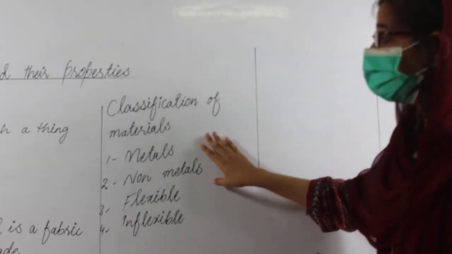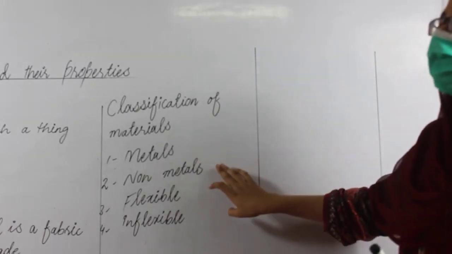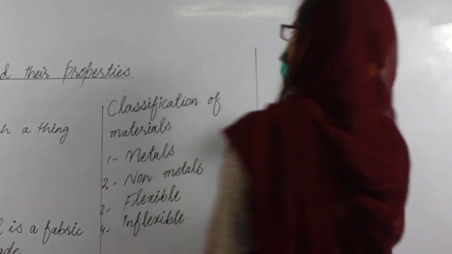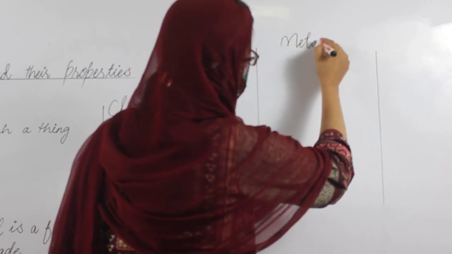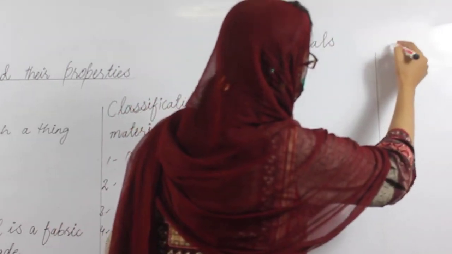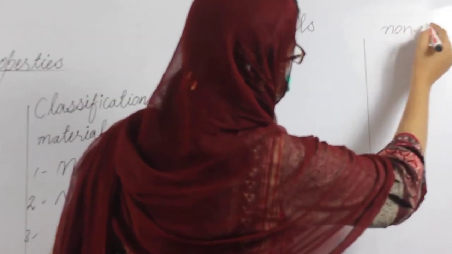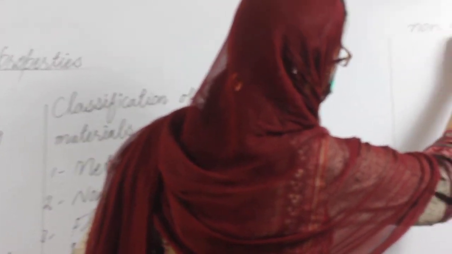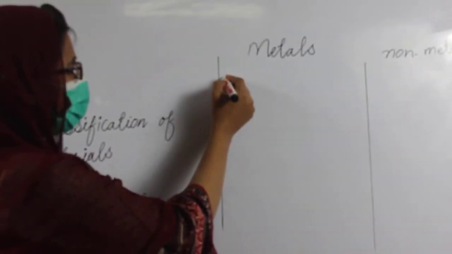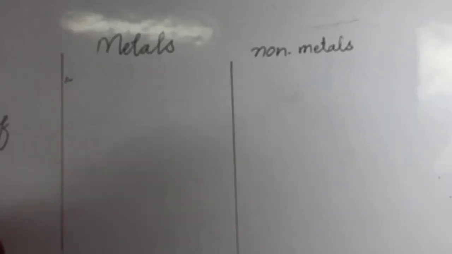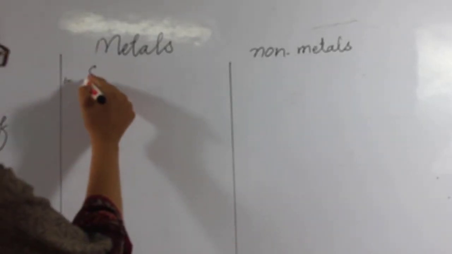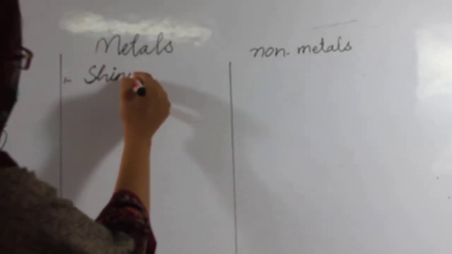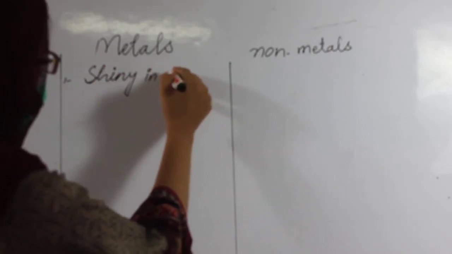Here are the differences between metals and non-metals. First one is metals are shiny in appearance.